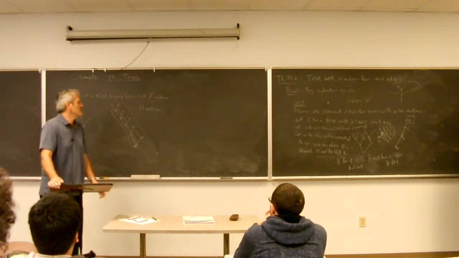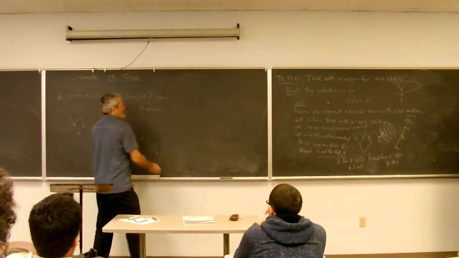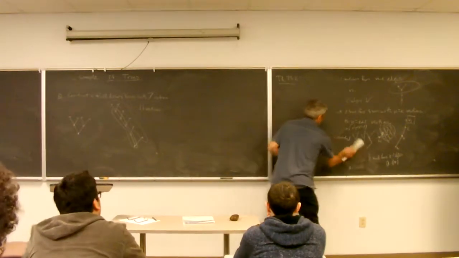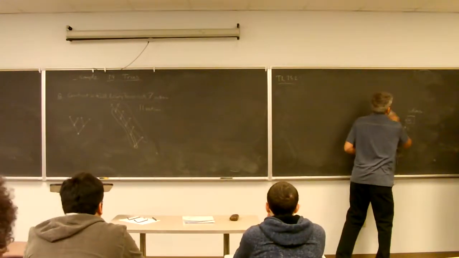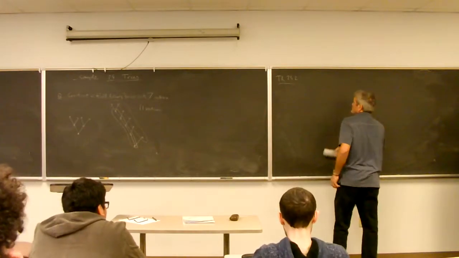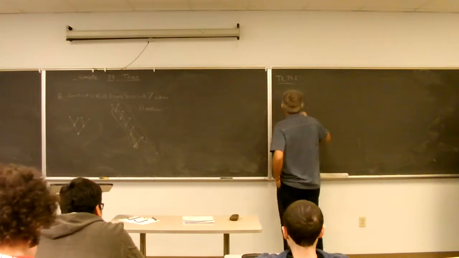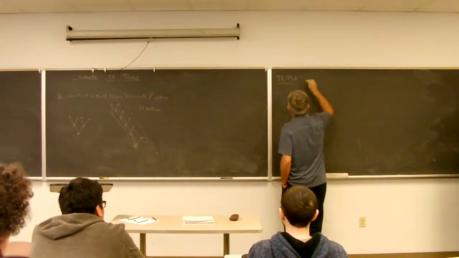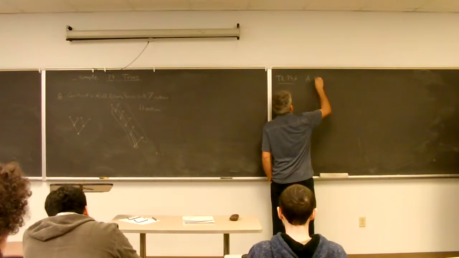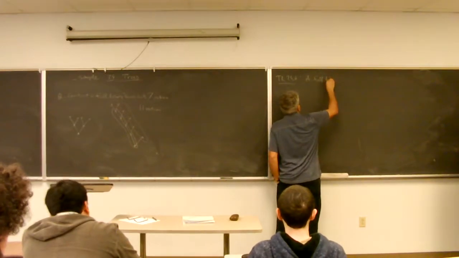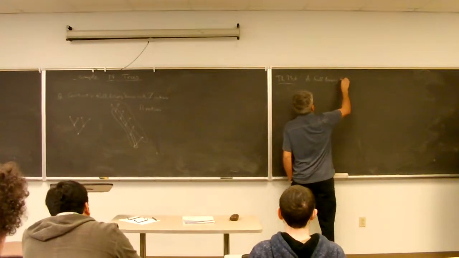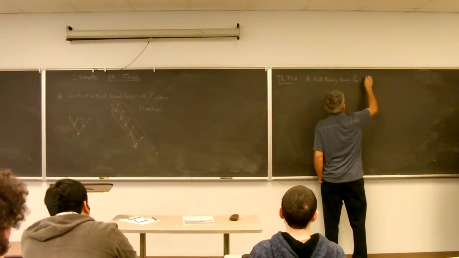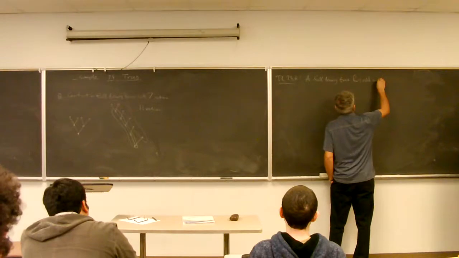Why is that? So here is the theorem. 4.4. A full binary tree has an odd number of vertices.